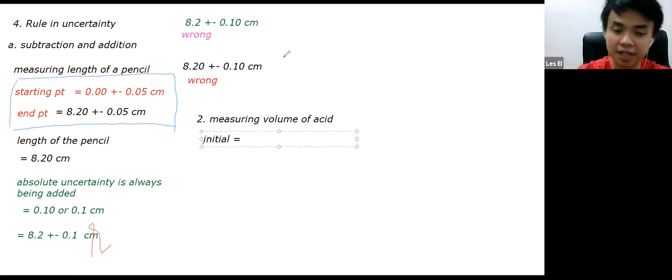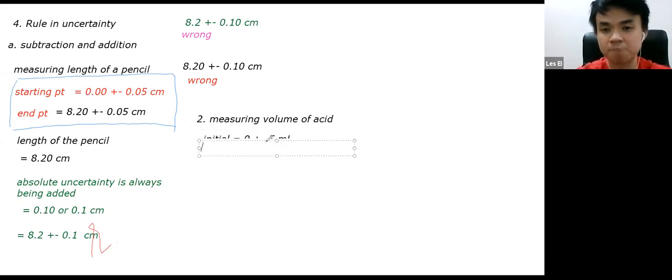So the initial is 0 plus minus 5 milliliter. And then you fill it until the final, you fill it at 50, for instance. So it's 50 plus minus 5 milliliter.